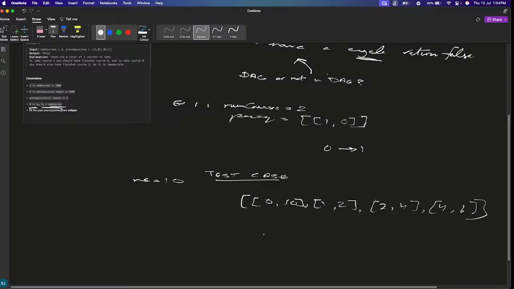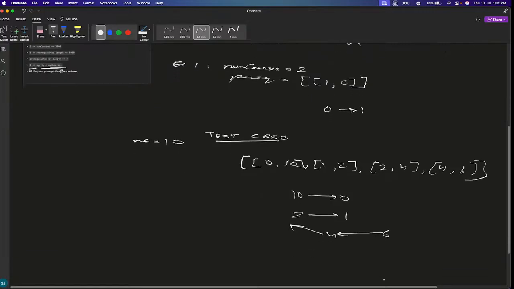So let's make a graph out of this. 1 to 10, so that would be 10 to 0, 2 to 1, that would be this, and there will be 4 to 2. And there will be 6 to 4. There you go. That's how you could make graphs out of this.